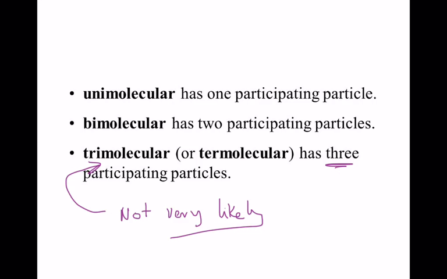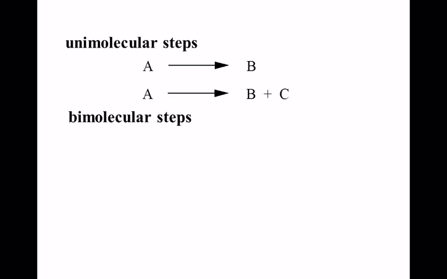You're like, I don't think so. Life isn't like that. It's not to say that the overall chemical reaction doesn't have three particles. It's just to say that it actually happens in a series of elementary steps. Two particles do their thing, two particles do their thing, and they add up to the overall reaction of interest. So termolecular elementary steps are not very likely.